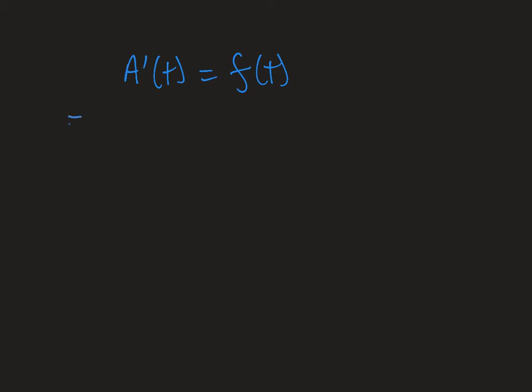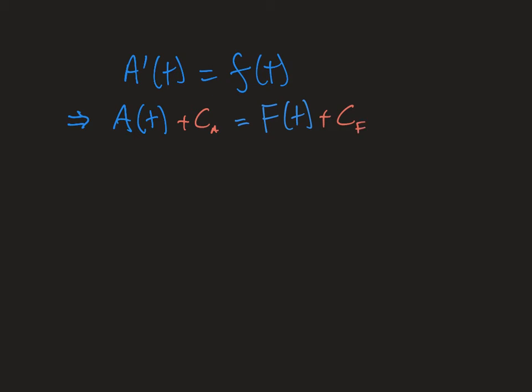So that implies that a of t, working backwards from the derivative, plus some constant, which I'm going to call c sub a, will equal the antiderivative for f of t, which we've already said was capital F of t, plus some other constant. I'll just call that c sub f.